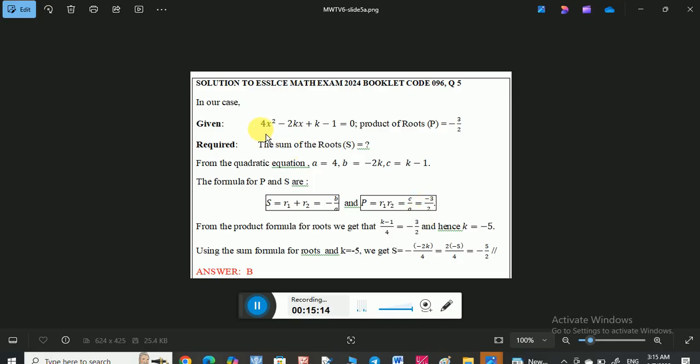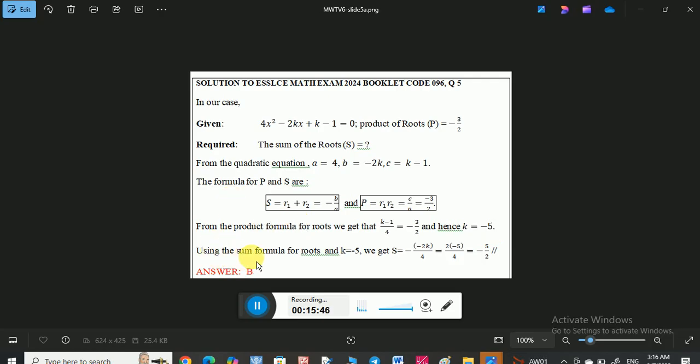But A, B, C are coefficients of the quadratic equation. A corresponds to 4, A is 4, B is negative 2k, C is k minus 1. So if we put in place of A 4, we can get C, and the value of C is also given as k minus 1. If we replace C by k minus 1 and A by 4, we get the value of k, which is negative 5.